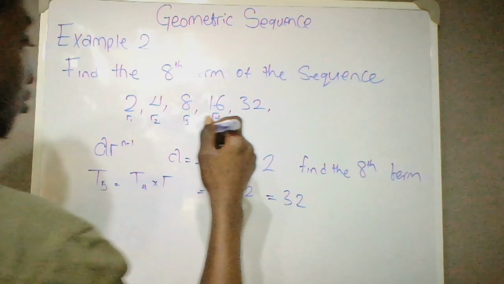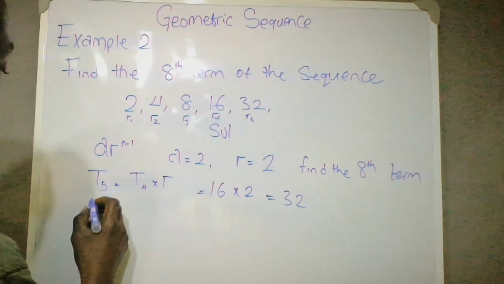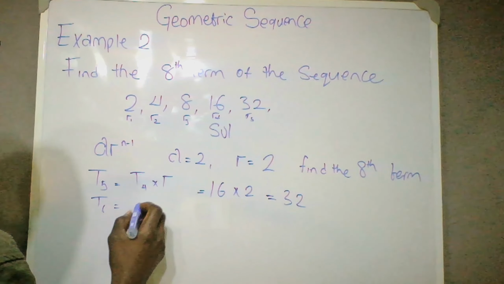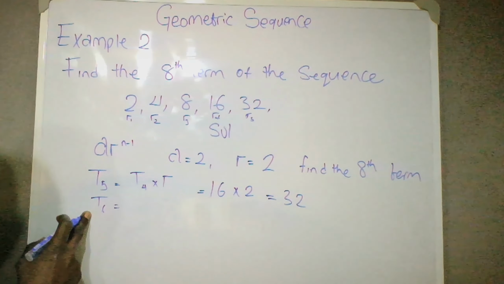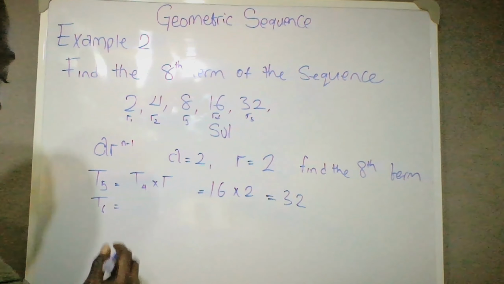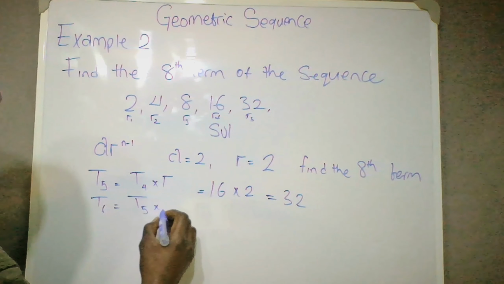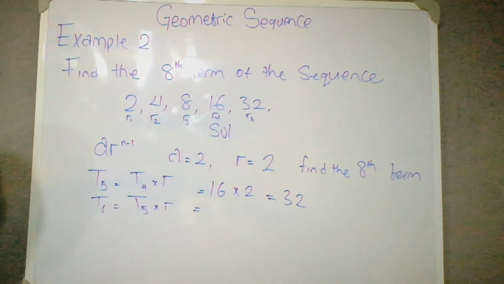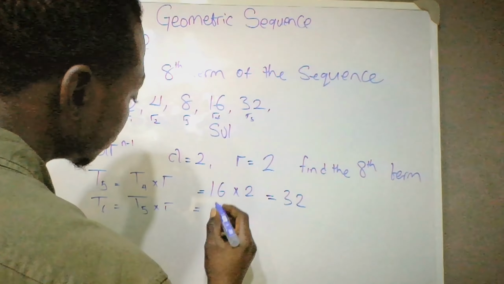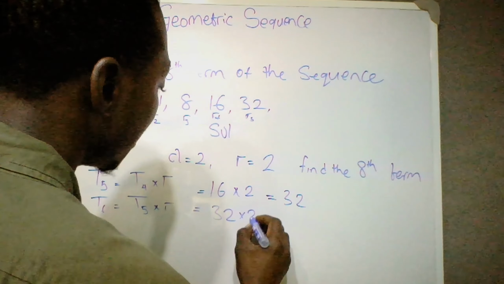So we have T5. T here just signifies term; all these are terms. To get T6, we multiply T5 by the ratio, so T5 is 32 multiplied by 2.